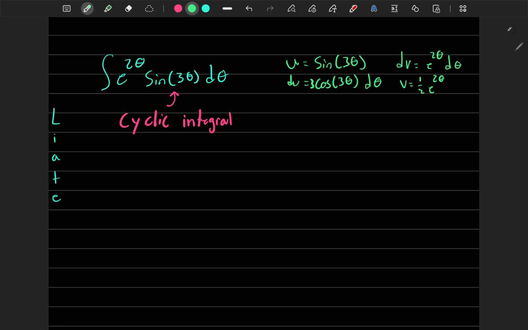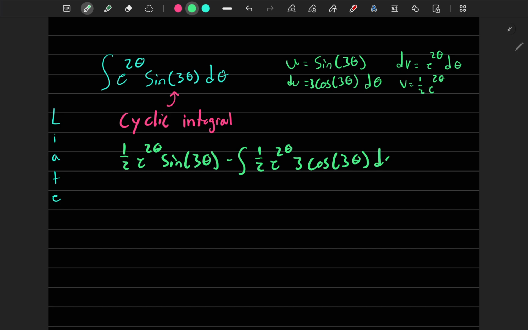So now when we go back we're gonna have to take this integral multiple times, but now we get 1/2 e^(2θ) times our u, which is sine of 3θ, minus our integral of, and we do the v du together, 1/2 e^(2θ) times 3 cosine 3θ dθ.